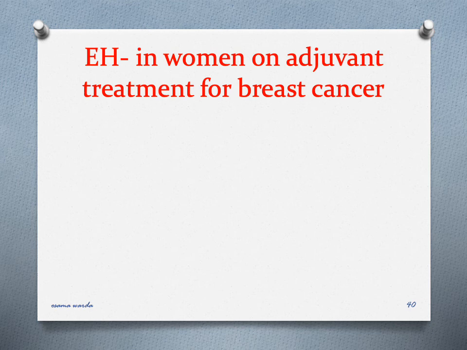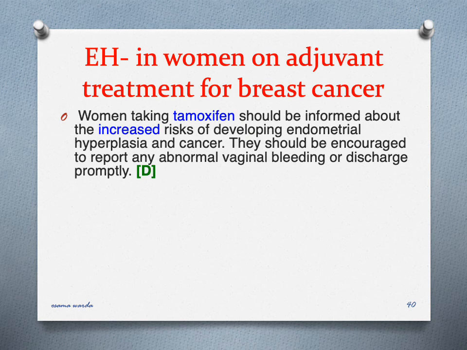The fourth special case is endometrial hyperplasia in women on adjuvant treatment for breast cancer. Women taking tamoxifen should be informed about the increased risk of developing endometrial hyperplasia and cancer.